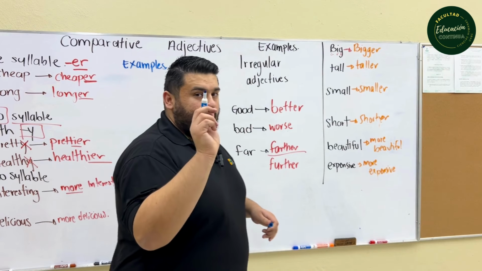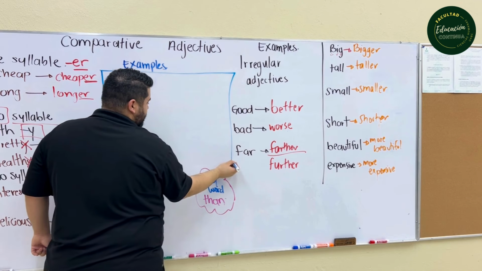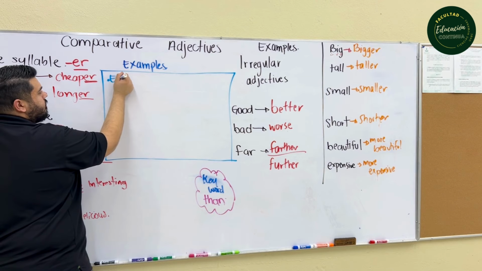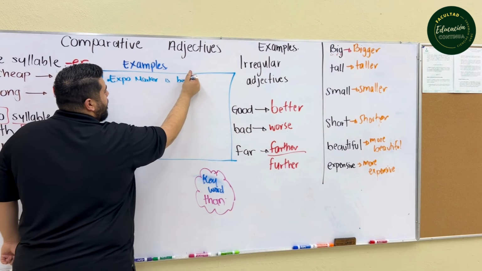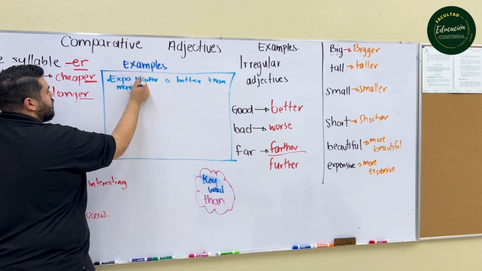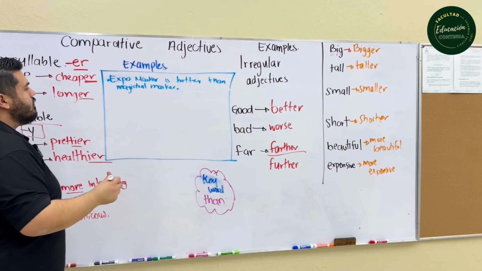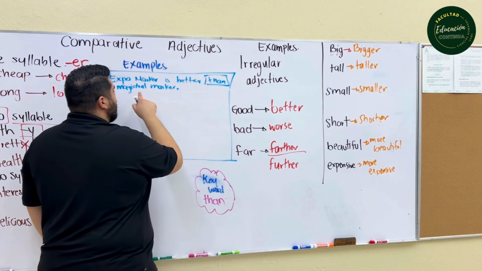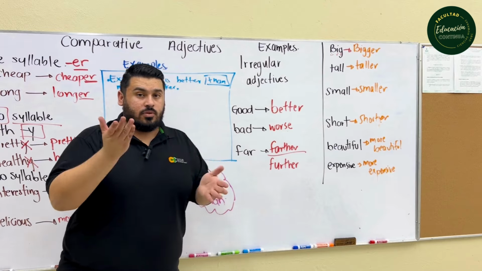So I'm going to use an example. Expo marker is better than magistral marker. So, in this part, we are comparing two things.